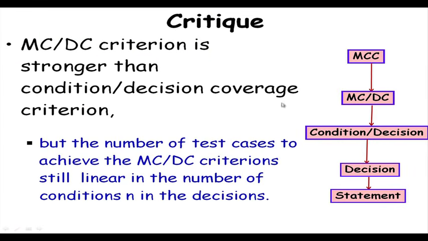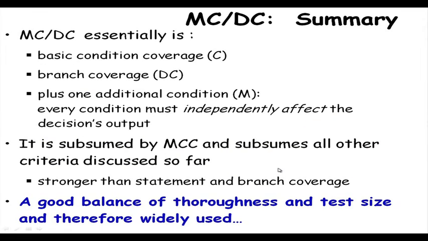So, we just saw that MCDC testing is a very effective testing technique with a small number of test cases. The number of test cases is linear in the basic conditions. And to summarize MCDC, we said that there are 3 things that are required.